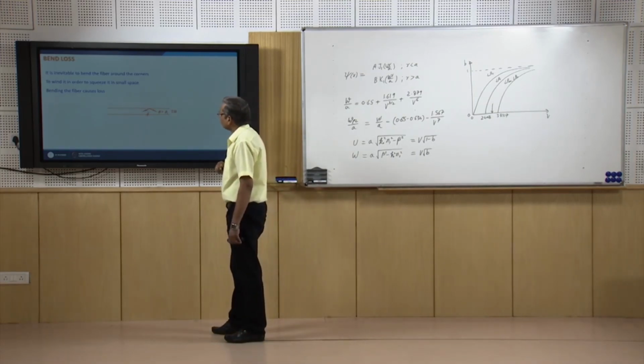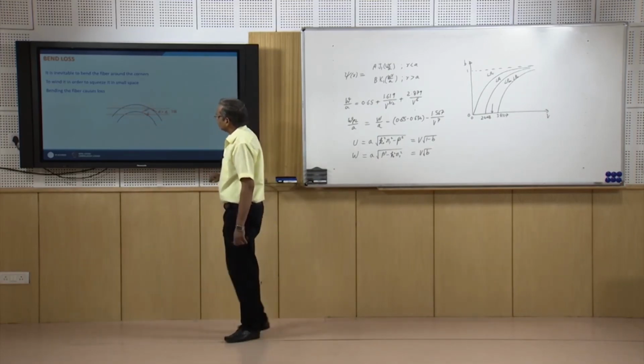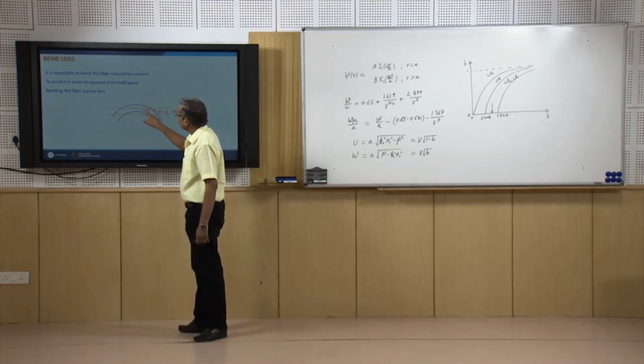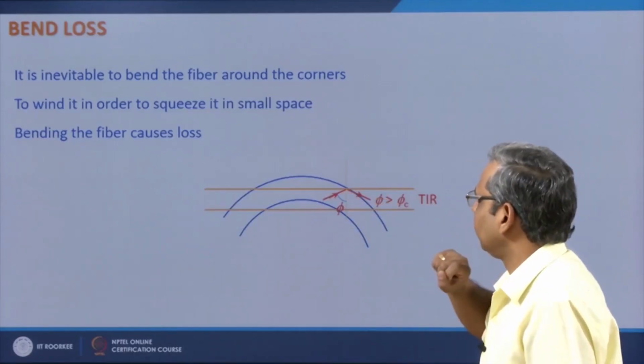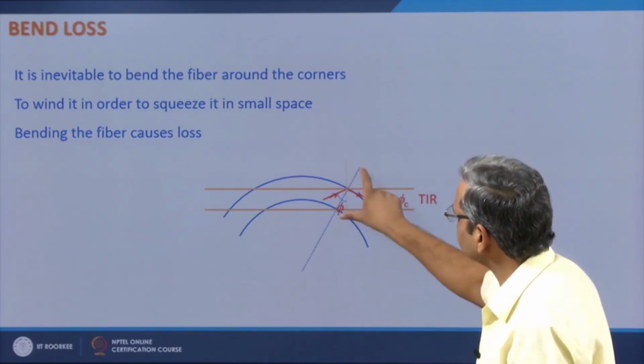Now, if I bend the fiber, which is shown by these blue lines, then just look at this wave itself. The angle of this wave with the normal changes because the normal does not remain the same. The new normal is this.